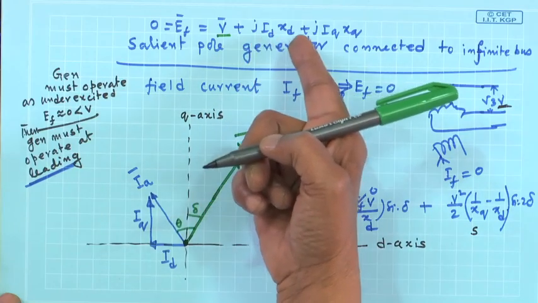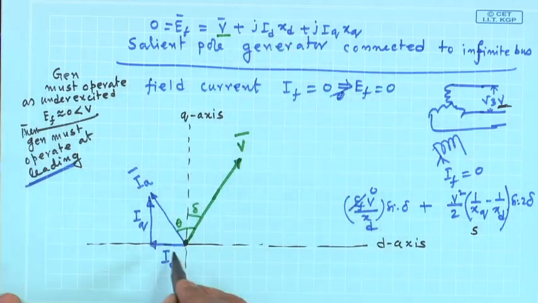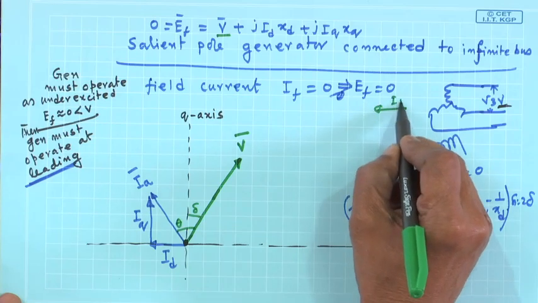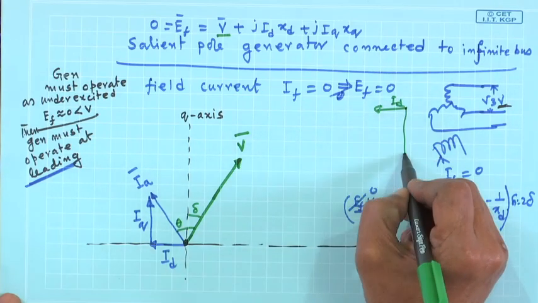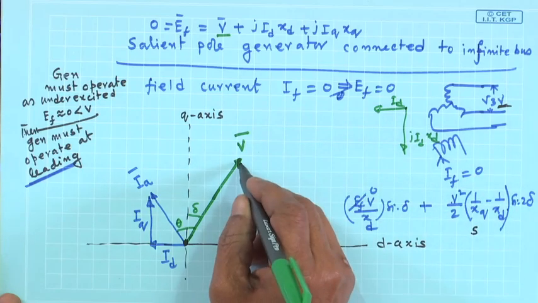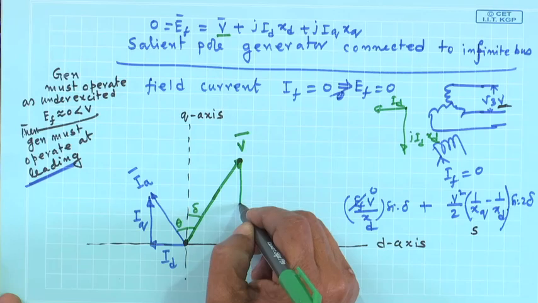So, V plus j ID XD. The ID direction is like this, as you can see. So, j ID XD is this way.